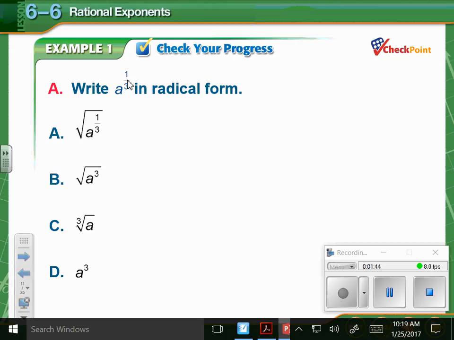A to the 1/3 power, written in radical form. We have exponential form, which is a to the 1/3, and then radical form is what these are written as. So the denominator tells me what root I need to be looking at. So I need to be looking for a 3rd root, or cube root, which is c.